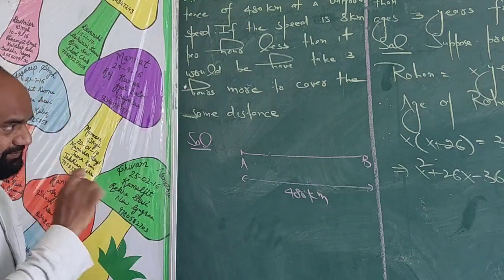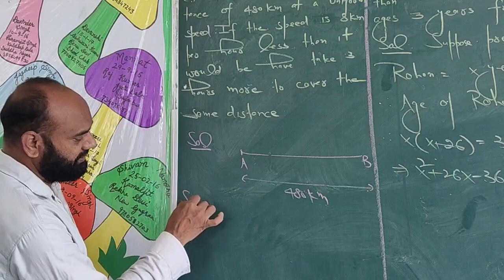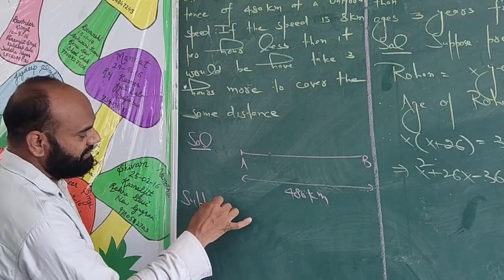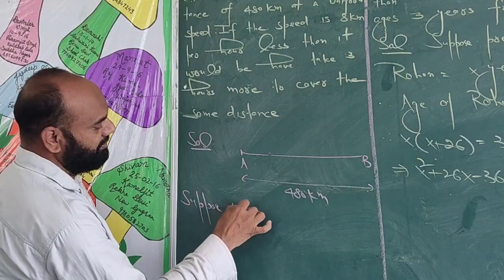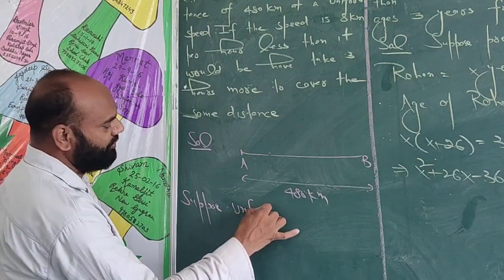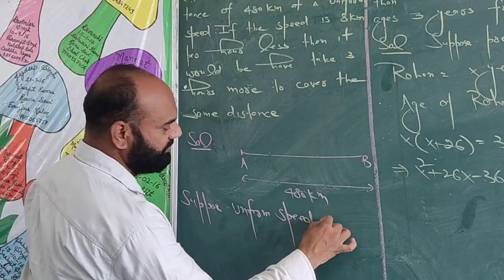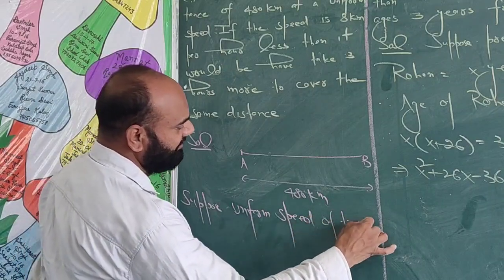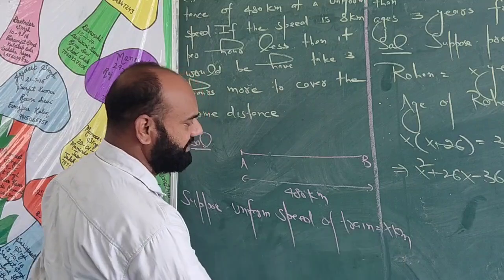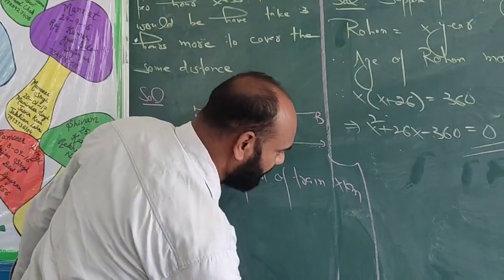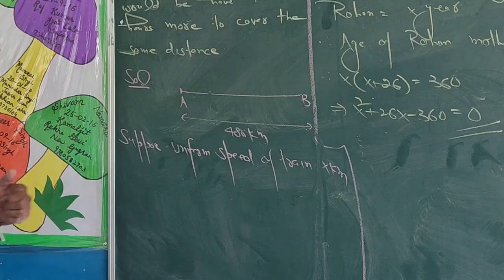So first of all, let us suppose the original uniform speed of the train is equal to x kilometer per hour.